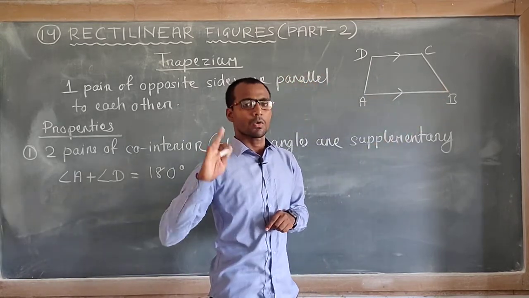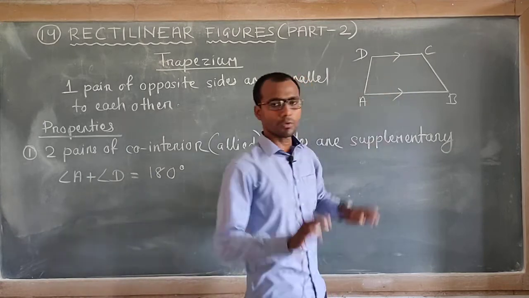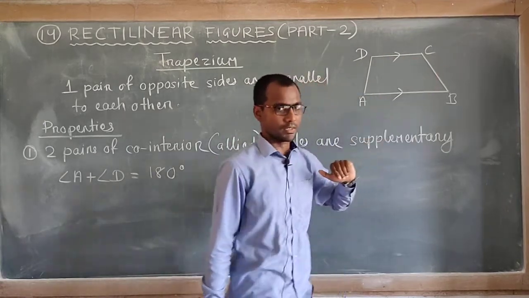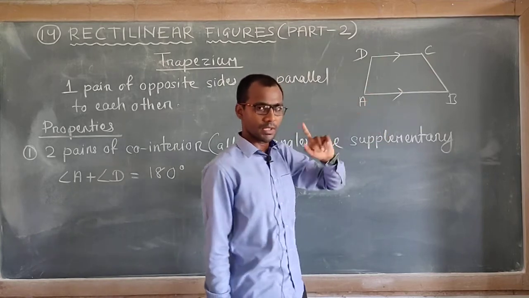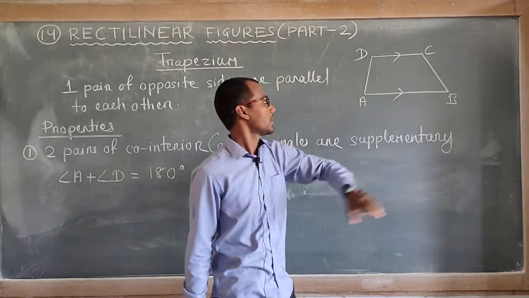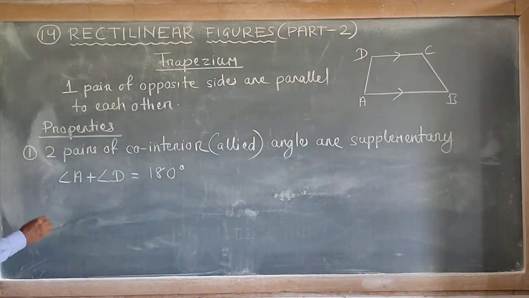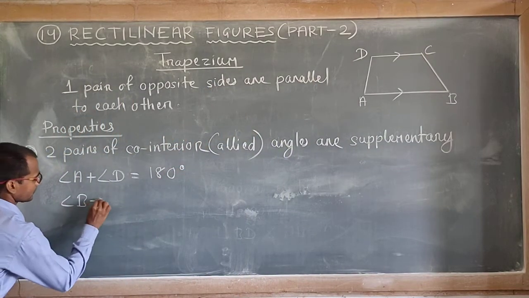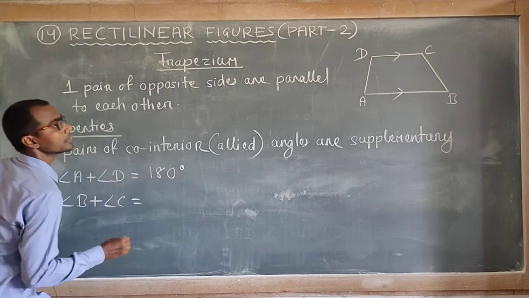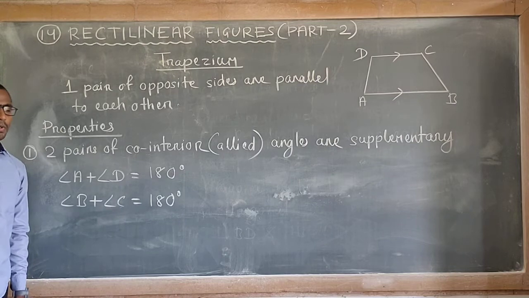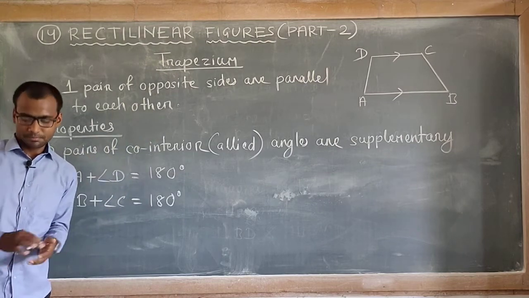No. Also, angle C and angle D will also not be supplementary because AD is not parallel to BC. Only angle A plus angle D will be 180 degree and angle B plus angle C will be 180 degree. Okay, so this is the only property in case of a trapezium.